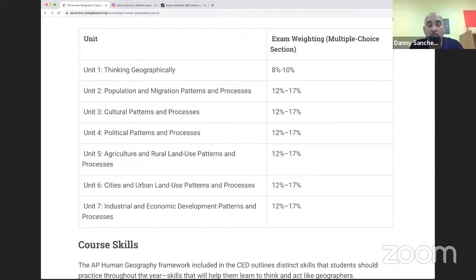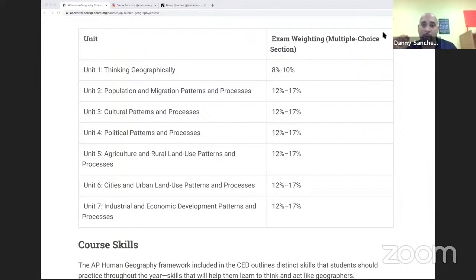Yeah, what I've seen in the past, that chart has been like that, within the window. But when you do the math, 12 to 17% of a 60 question test, that's not much wiggle room. The average would be like 6 questions from unit 1 and 9 from the rest.